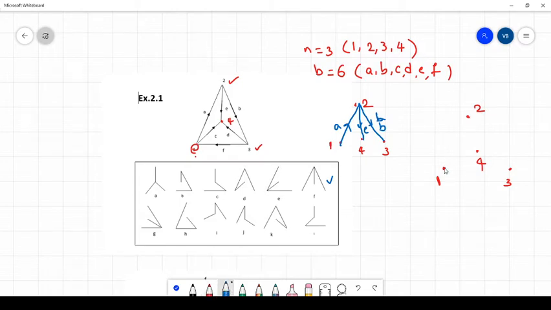I am joining the nodes with the branch A, which is between 1 and 2, and 2 and 4 join with E, and 4 and 3 I can join with D. So this is another tree. Likewise, in total 12 trees are there. So we can get 12 trees from this particular network. In this way we can draw the trees of a particular network or graph.